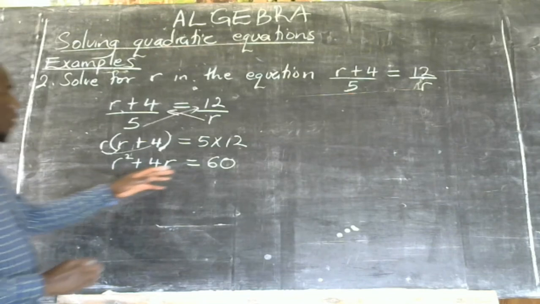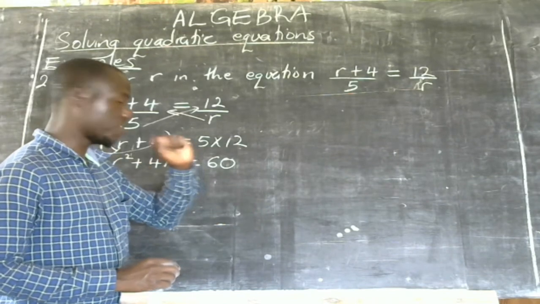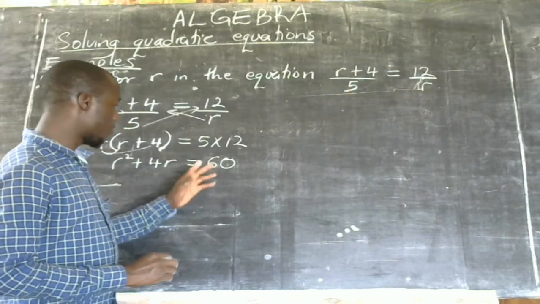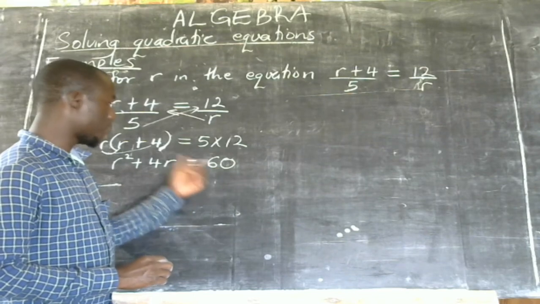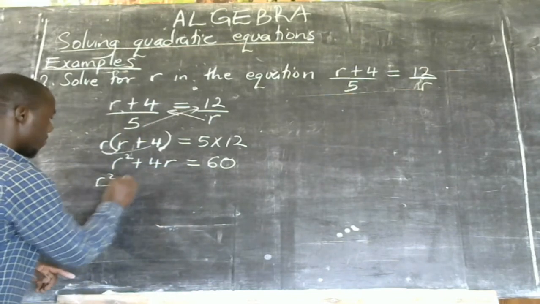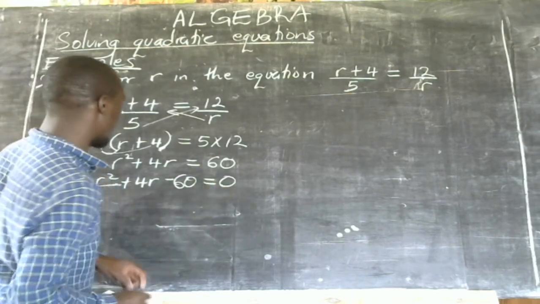Now, remember when I said to make sure that there is nothing on the right hand side if you want to start solving. So we are going to take away this, bring it back to the left hand side. So this is r squared plus 4r minus 60 is equal to 0.